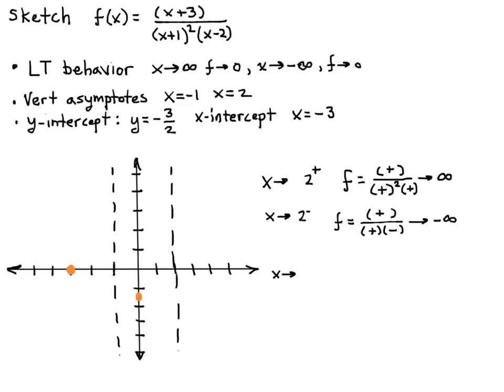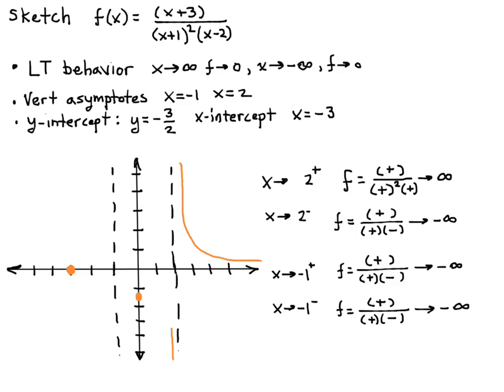Okay, so let's look at the behavior as my function goes off to the other asymptote, and I'll put both of them up here and then make some comments on it. As we go from the right side towards the x equals -1 asymptote, what happens? We put our values in there.